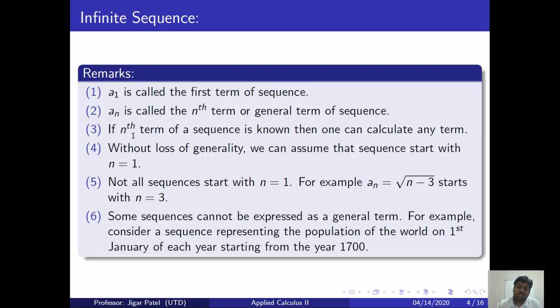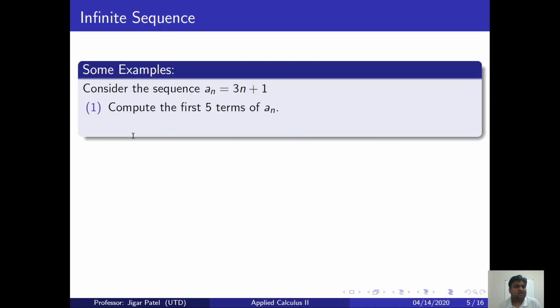Let me give you a couple of examples of infinite sequences based on remark number 3. If the general term is given, you can calculate any term you want for the given sequence. Consider the sequence whose general term is 3n plus 1.